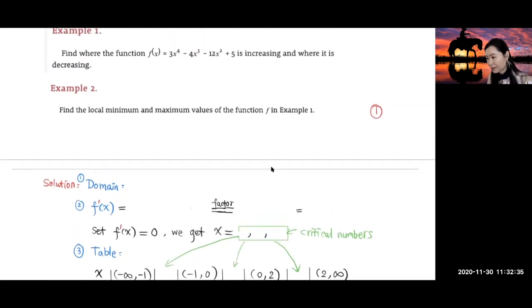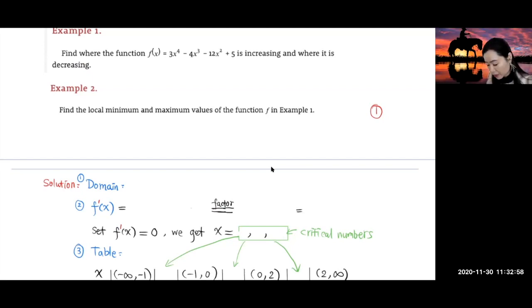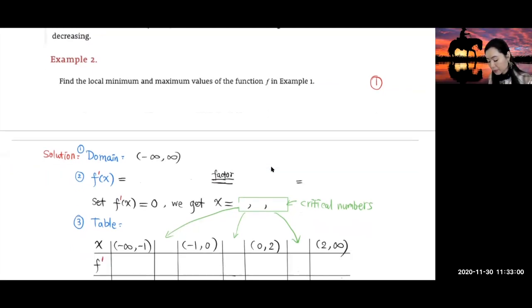It's very important to first know the domain, because we're only concerned about what is within the domain. What's the domain for this polynomial function? All real numbers. You got it.